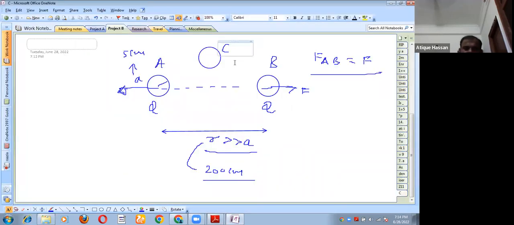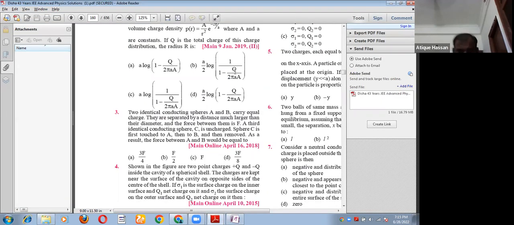So first it is in contact with A. As a result, what is the force between A and B?